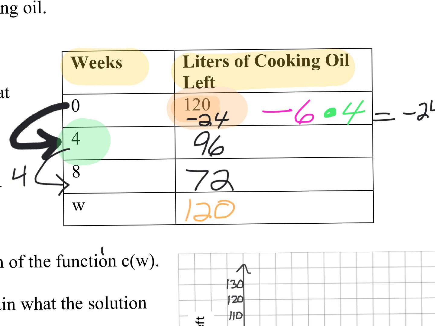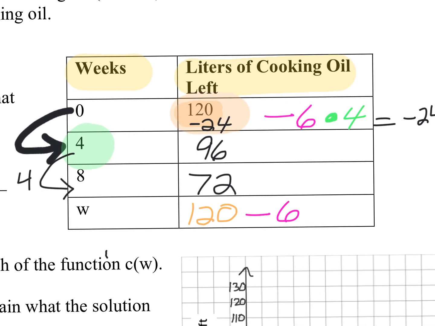And then for any number of weeks, to determine how much cooking oil we have left, we take the initial value and we subtract the rate of change, and it's 6 liters per week. So it'll be 120 minus 6W.